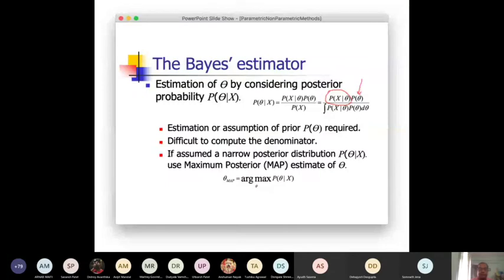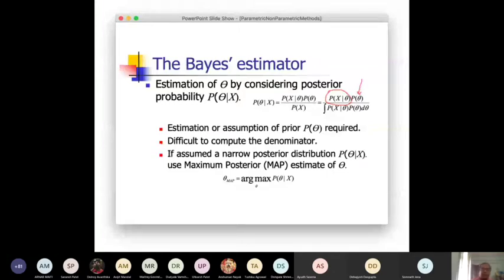So if we consider there is a narrow posterior distribution, then we can consider a point estimate of the parameter, like the maximum a posteriori probability estimate of the classes. Similarly, you can have the maximum a posteriori estimate of the parameter values, the MAP estimate of the parameter values.